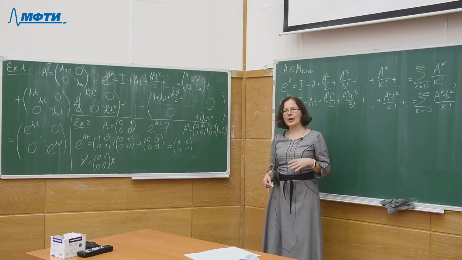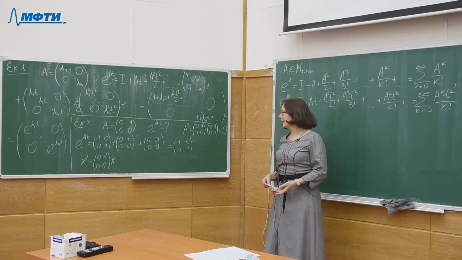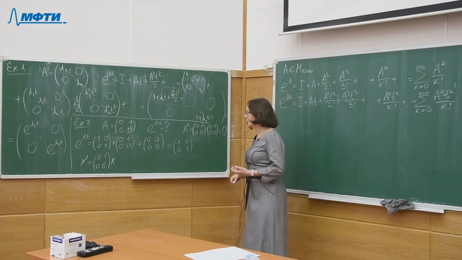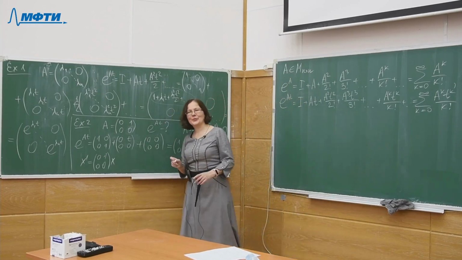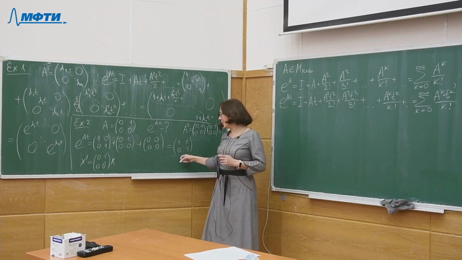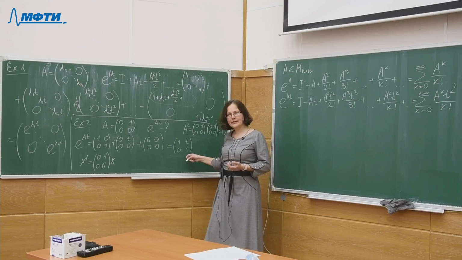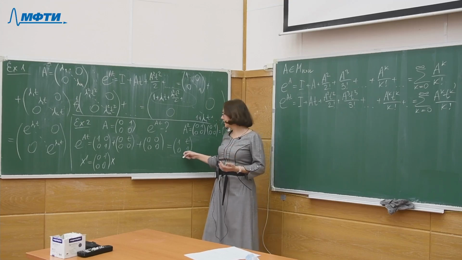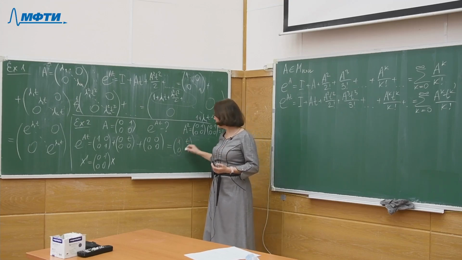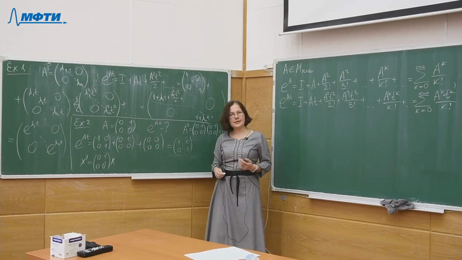Then how to find the general solution? What is the general solution of this differential equation? We know that this is a fundamental solution, so the answer will be given by the linear combination of these vectors.